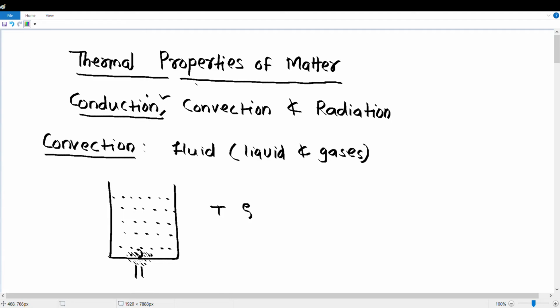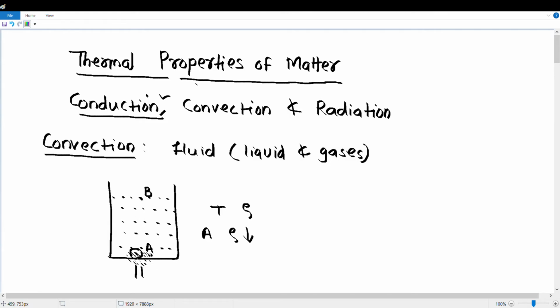Now let us consider this molecule A. When this molecule receives heat, its temperature is increased. When its temperature is increased, it starts vibrating with large amplitude, and that's why the density of this molecule A decreases. Suppose this is the molecule which is present at the top.